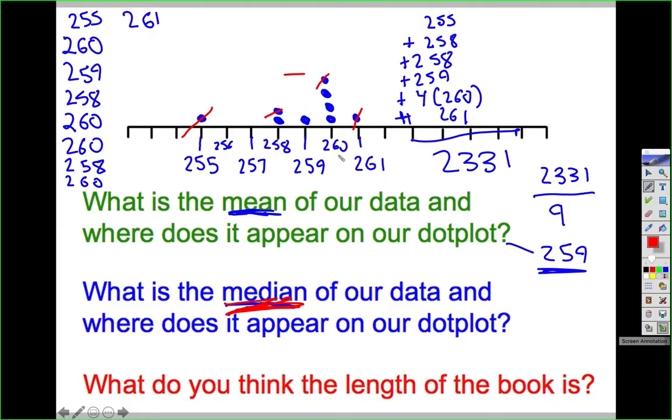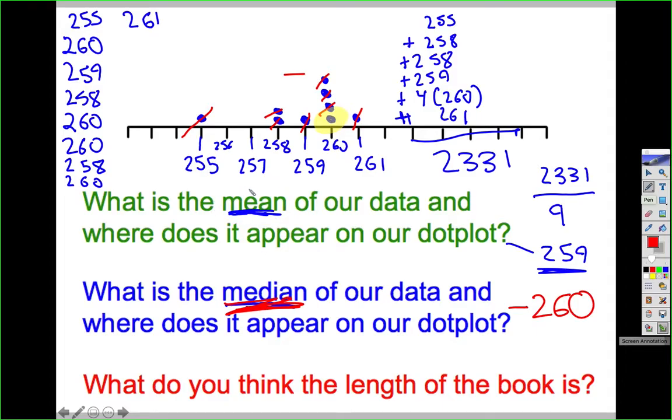And then the third with the third, and the fourth with the fourth. And because we had 9 data points, we do get an exact center, and that center was at 260. So our median was 260 here on this data set, which is the center.